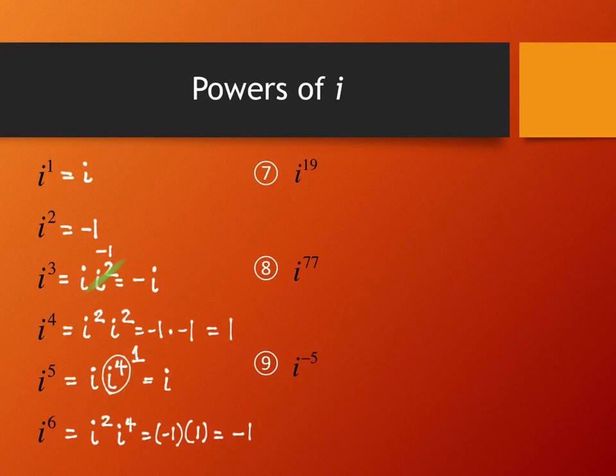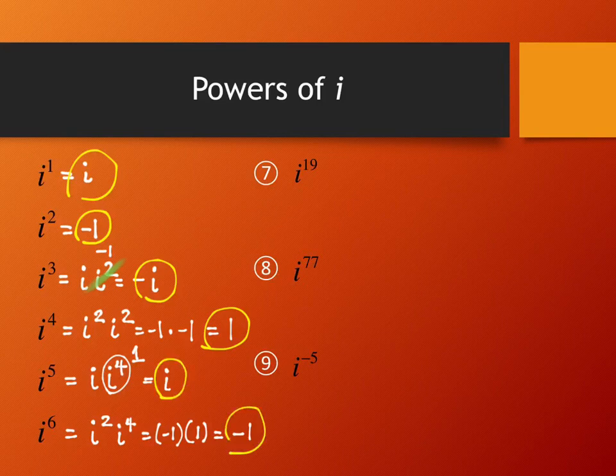So it's just 4? Yes, I'm so glad you noticed that, Caleb. You're exactly right. There is a pattern, which is why I wanted to show you 6 of them. There are only 4 things that can happen. I can get i, -1, -i, or 1, and then the pattern repeats. Even without doing it, if I asked you to do i to the 7th, you should be able to tell me it's -i, and i to the 8th is 1.